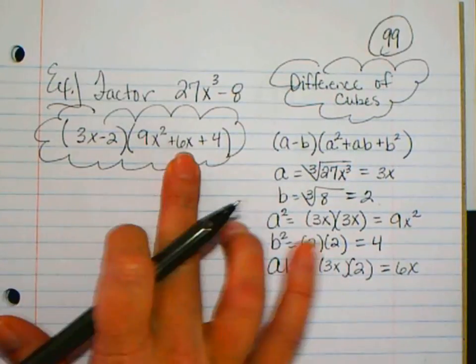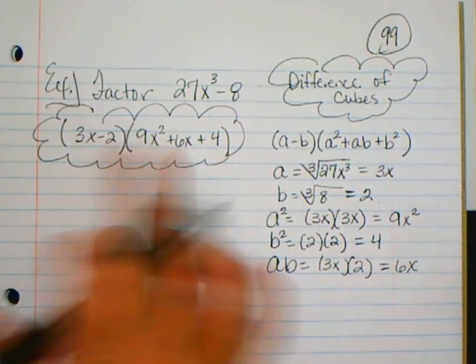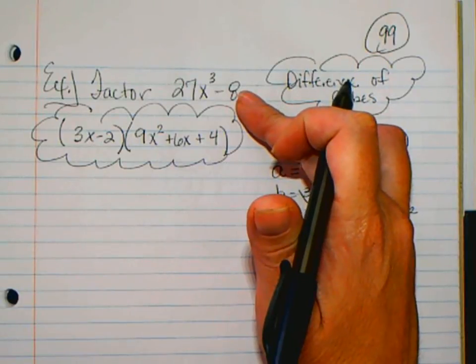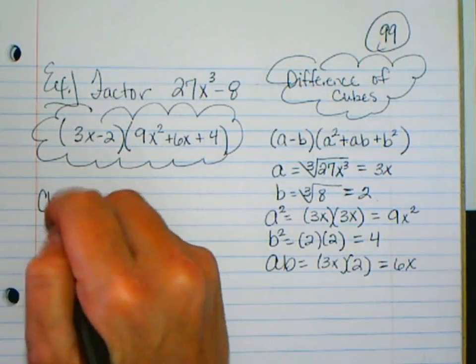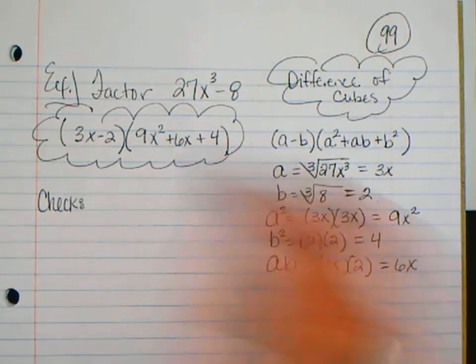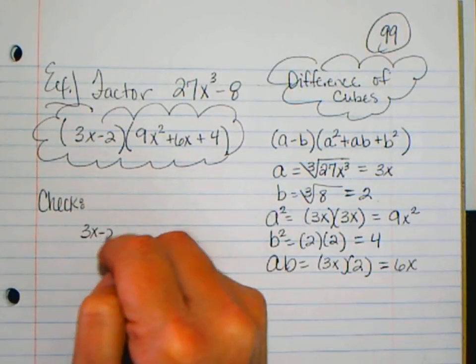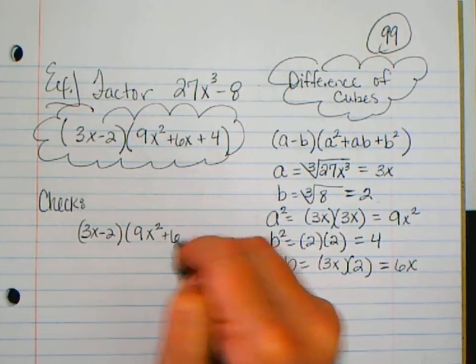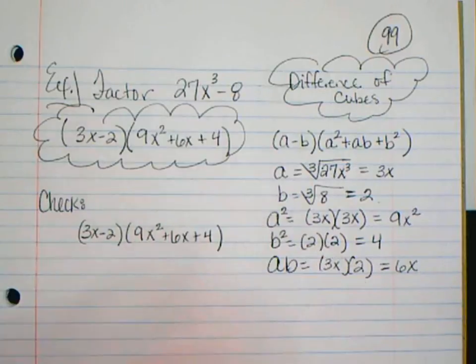Now let me show you how I am going to distribute on this one, so you can see how when I multiply these two factors out, I will end up with just 27x cubed minus 8. So I'm going to check. And I'm going to distribute.